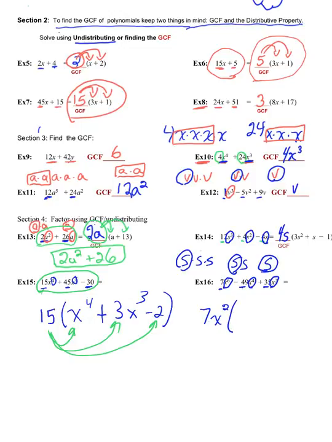All right. And so now you're thinking, I have 7x squared. What am I going to multiply by that? I'm just going to erase this. What am I going to multiply that by to get 7x to the 6th? Well, I need 4 x's.